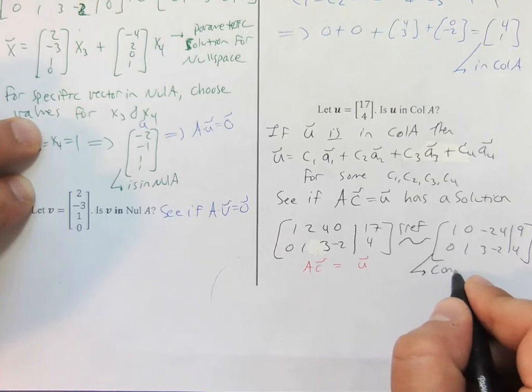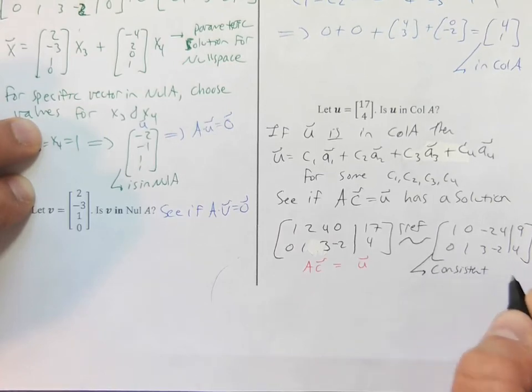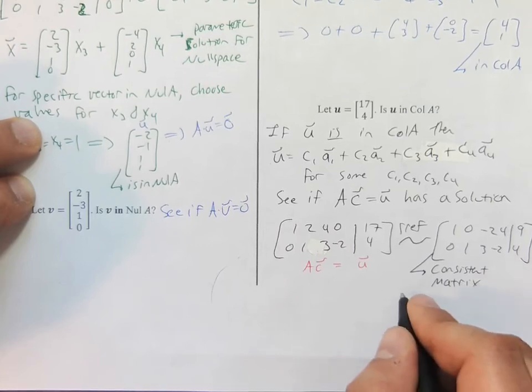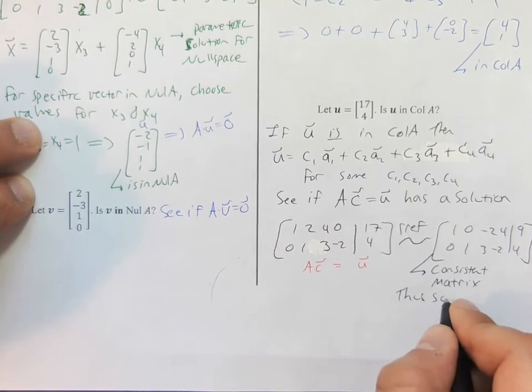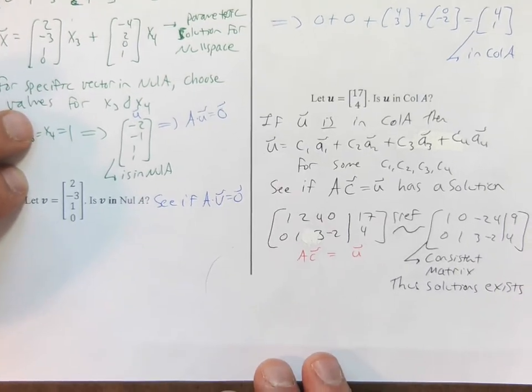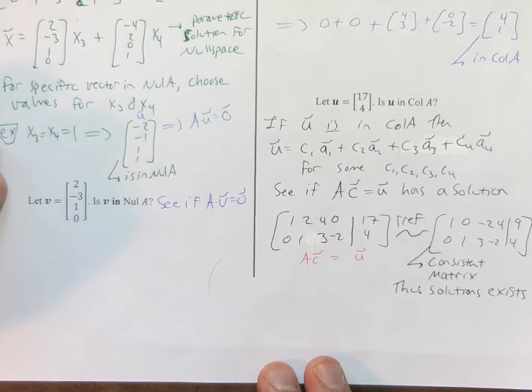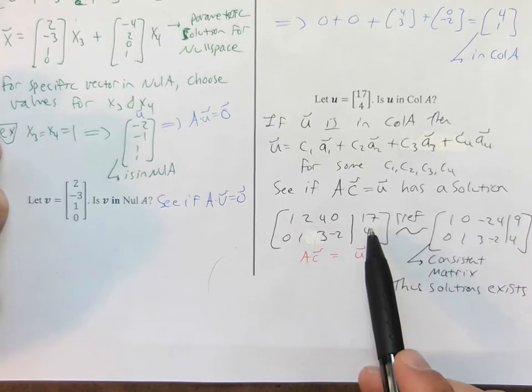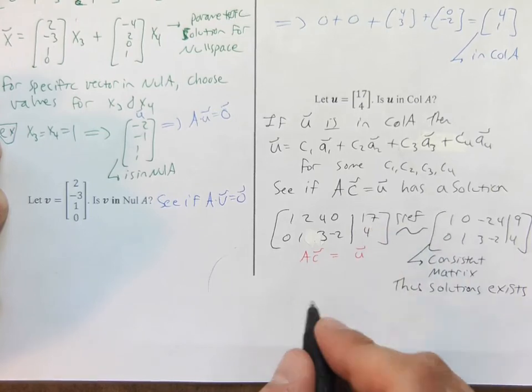So this is a consistent matrix. There's no 0 equals not 0. Thus, a solution exists. I don't know what it is, but I know it exists because we've got a consistent matrix. And so that means that 17.4 is in the column space.